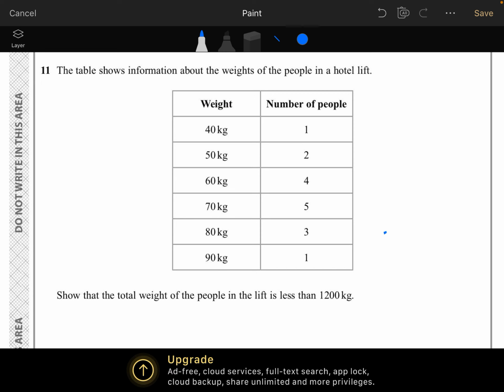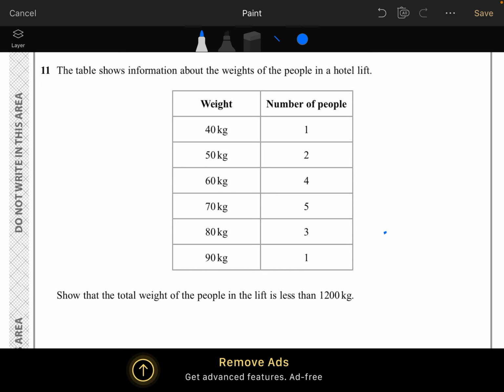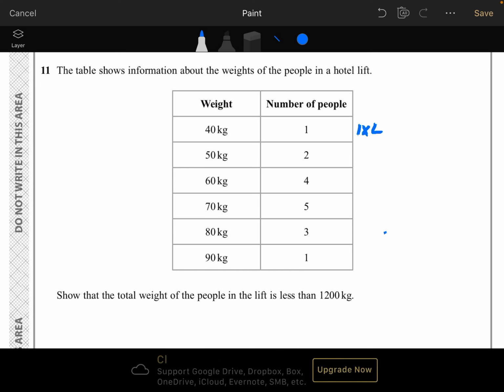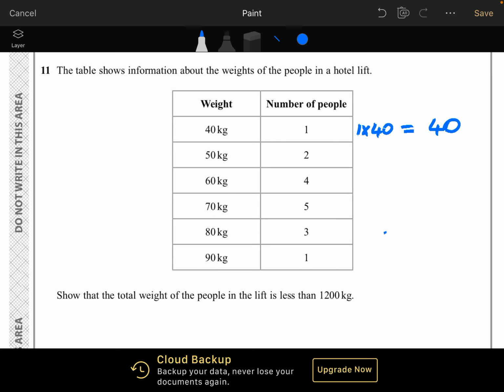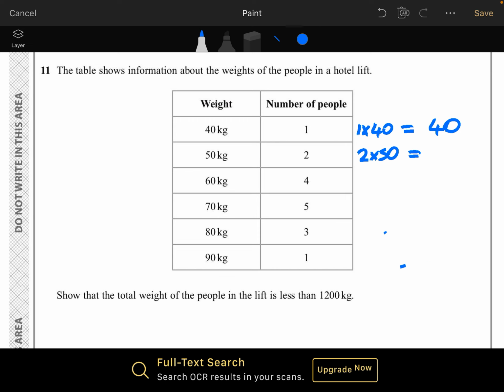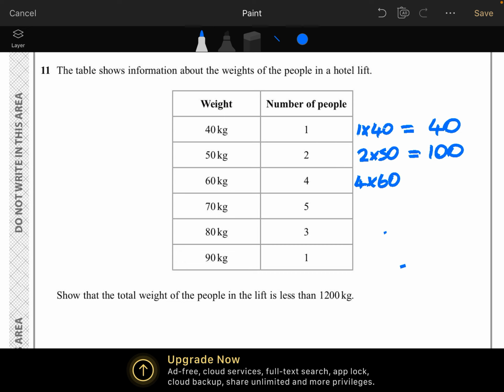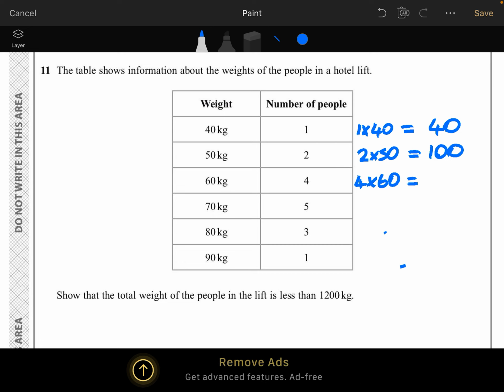Well, we need to work out the totals for each category. There's one person weighing 40 kilograms, so 1 times 40 is 40 kilograms. There's 2 people weighing 50, so 2 times 50 is 100 kilograms. 4 people weighed 60, 4 times 60 is 240.